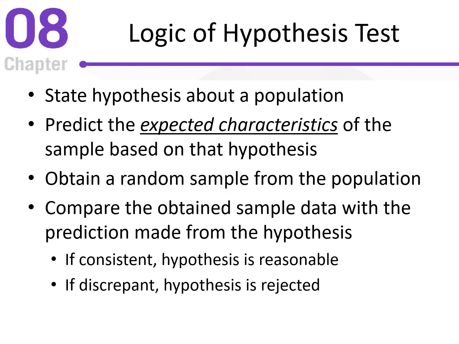Now, in order to do this, I have to obtain a random sample. Ideally, you would have a random sample, which means that every member of the population has an equal chance of being selected. In reality, in psychology, you don't always have a random sample, and that's okay. You can do this without a random sample. It's better if you can get one, but it's probably not likely.